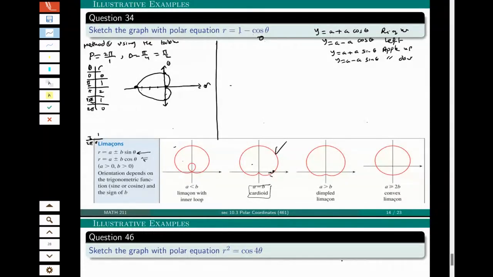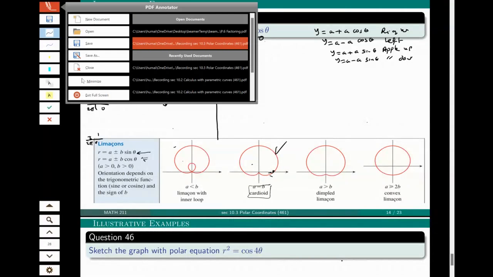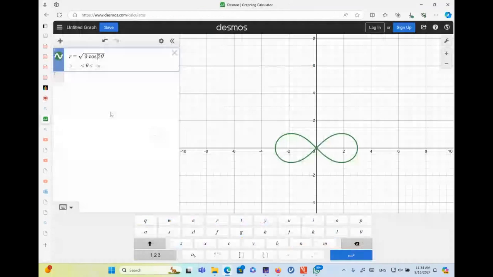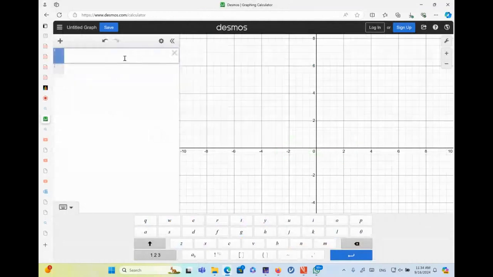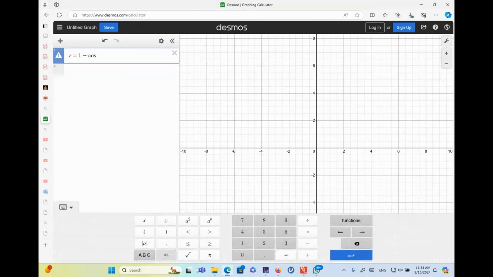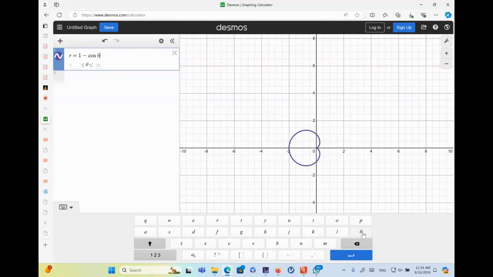Okay, so if I go to Desmos, for example, just to show you, to get the idea, Desmos says the following. If you have r is equal to 1 minus cosine the angle theta, you see it's apple in the left.